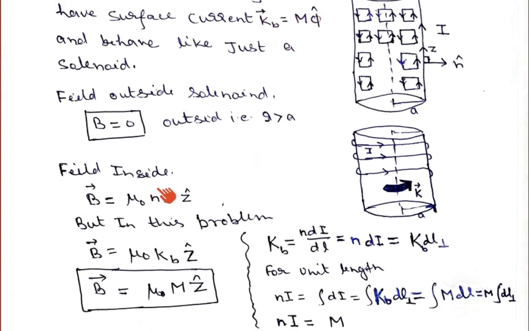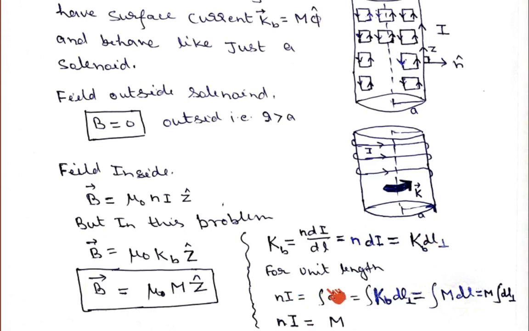It means in place of nI we have to find the value of the surface current. So here I have tried to again find K_b equal to n dI upon dl perpendicular, so n dI is equal to K_b dl perpendicular, and n is the number of turns per unit length. It means later on we will take this length to be unity.